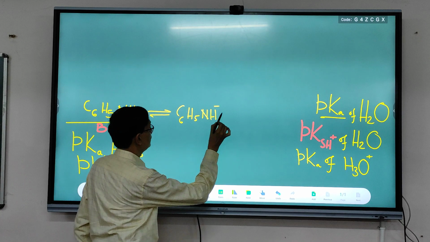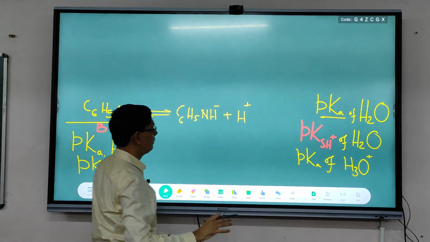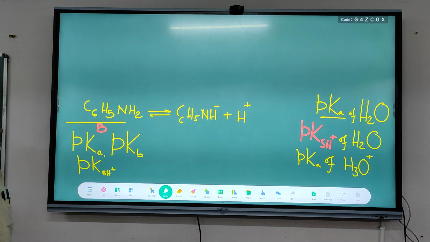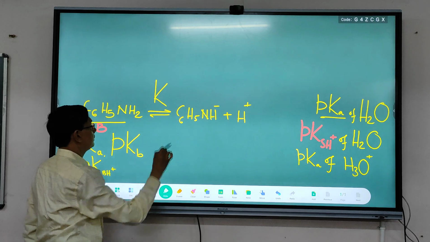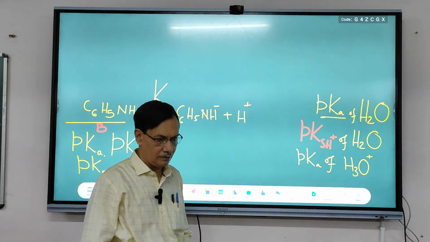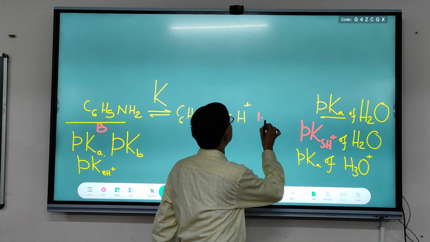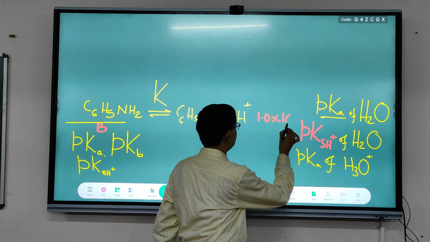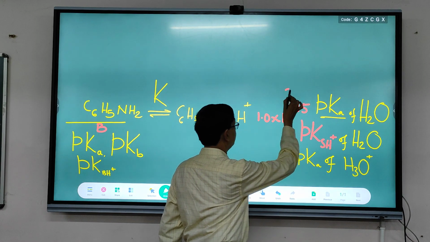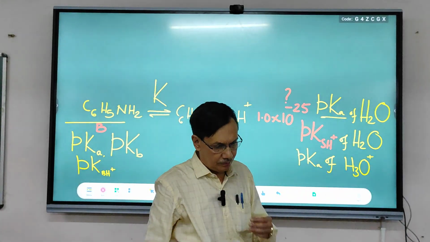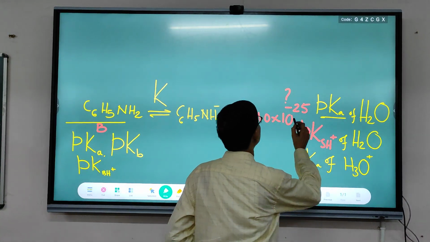It releases a proton, and with the help of some method you monitor this equilibrium constant, and suppose that value is 1.0 times 10 to the power minus 25. Very, very low value. Second concept is that 28.